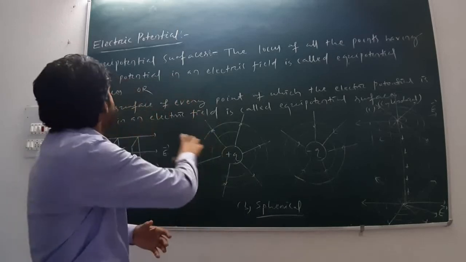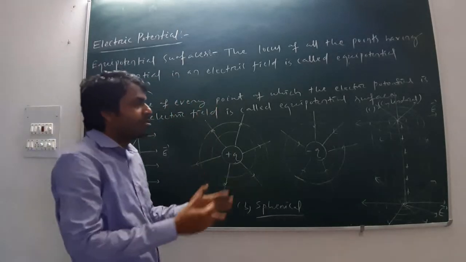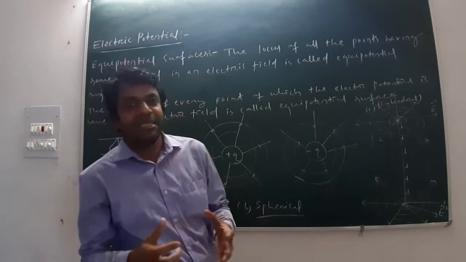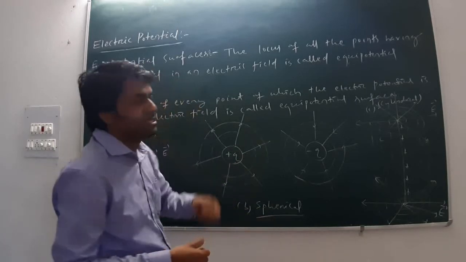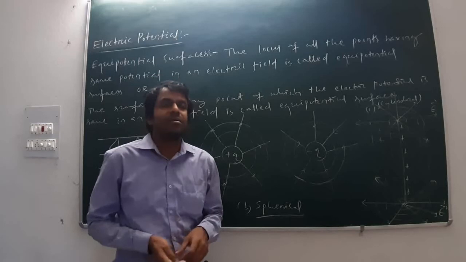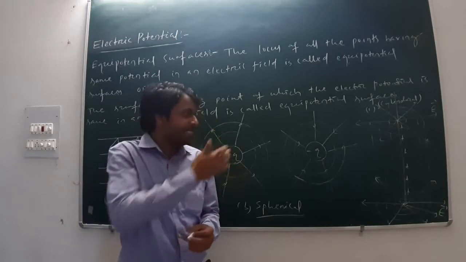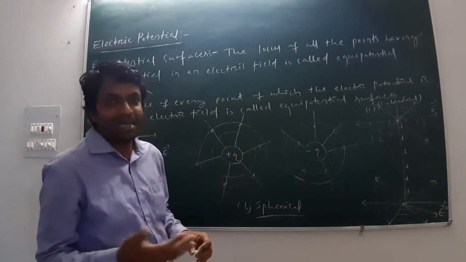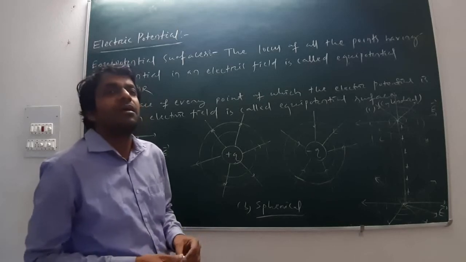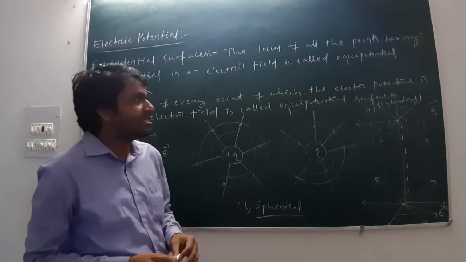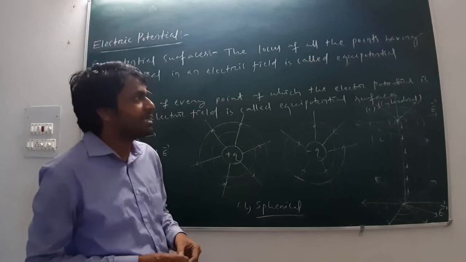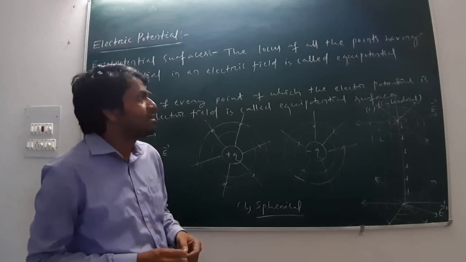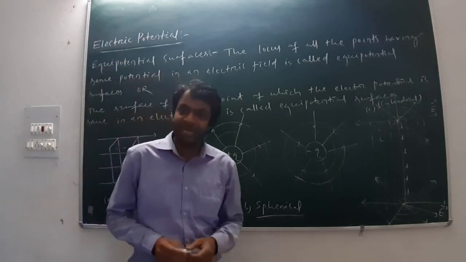This is all about electric potential. Remember, in this chapter, electric potential and capacitance, this is another part of capacitance. In electric potential, you have to calculate the electric potential energy.